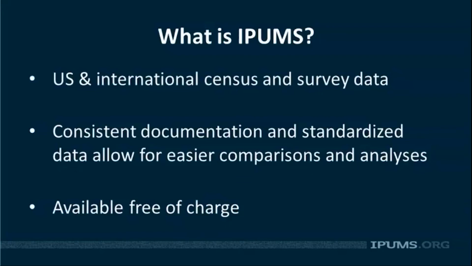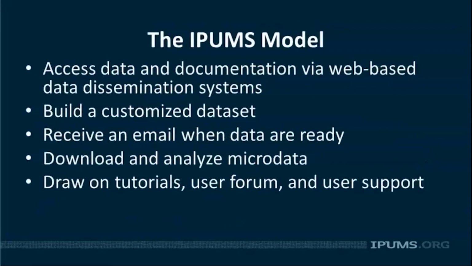At a high level, this is how IPUMS works. You first access the data and documentation via web-based data dissemination systems. Then you build a customized data set by choosing the years of data and variables that you want in your data set. This is in contrast to getting all of the variables in a data set from the original data producers.